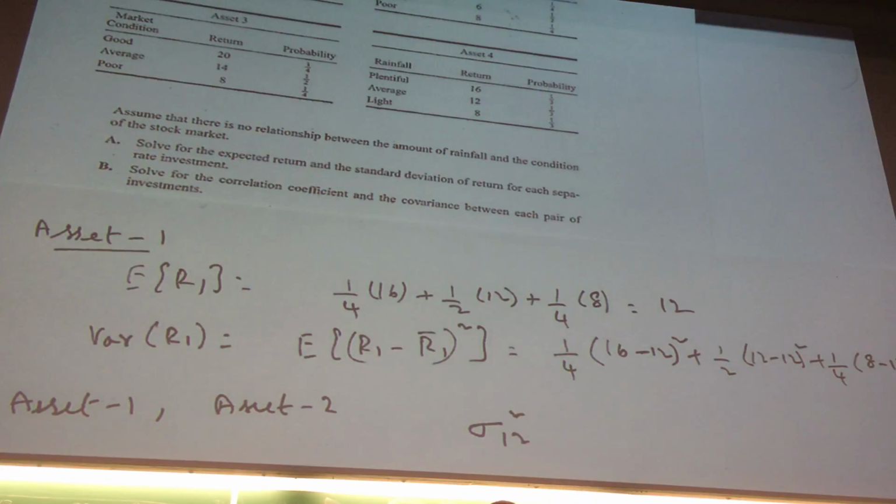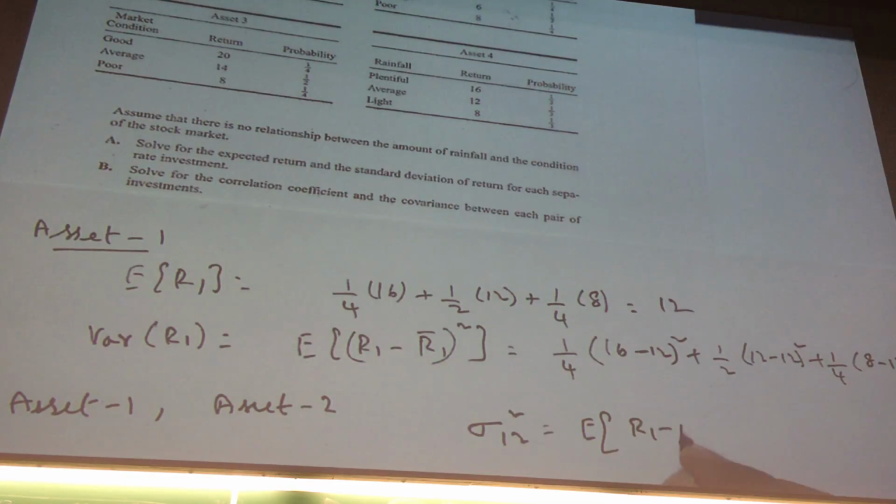Let us say covariance is sigma 1,2 squared, that is equivalent to the expected value of (R1 minus R1 bar) times (R2 minus R2 bar). Is that correct? That's the covariance.